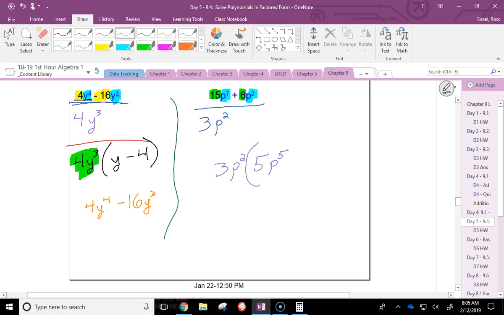Positive 6 divided by 3 is 2. P squared divided by p squared is 1. We don't have to say anything because when we distribute, that would get left. This is my answer.